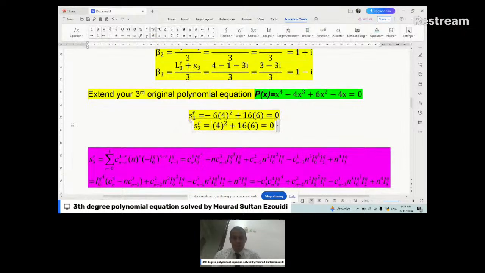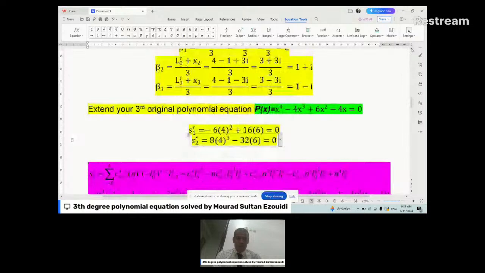It will be 8 times 4 raised to the power 3 minus 32 times 16, which is 4 times 6 times 4, plus 64 times L2.